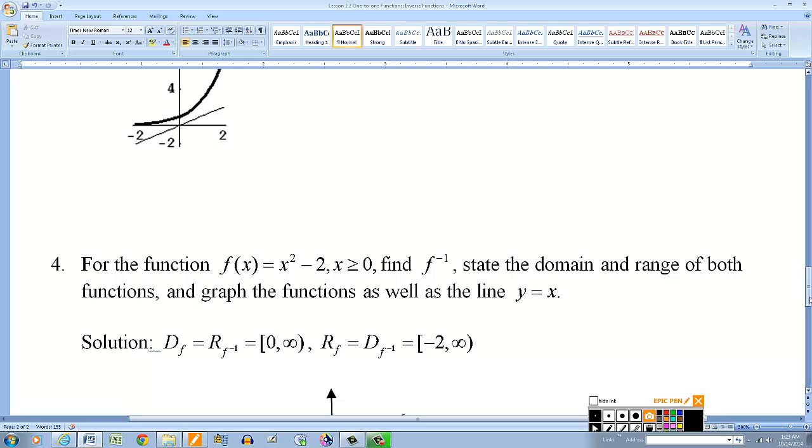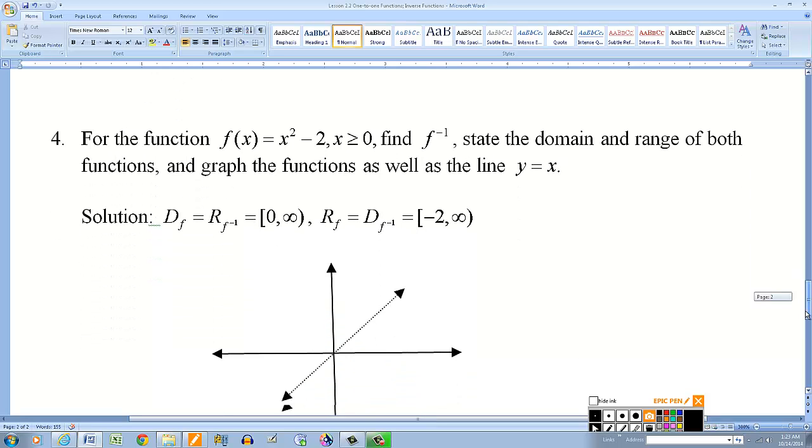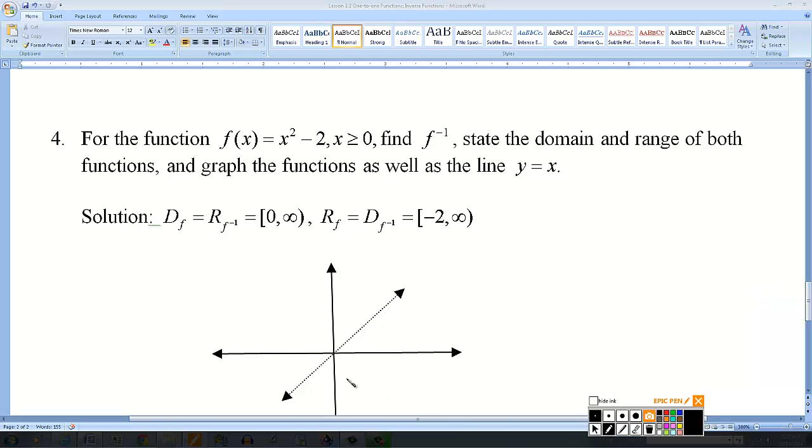So if I were to draw the graph of this, it would have vertex at (0, -2), so I go down 2 units, and then because the coefficient here is positive, it opens up. So this would be a parabola that opens up, so it would go something like this.